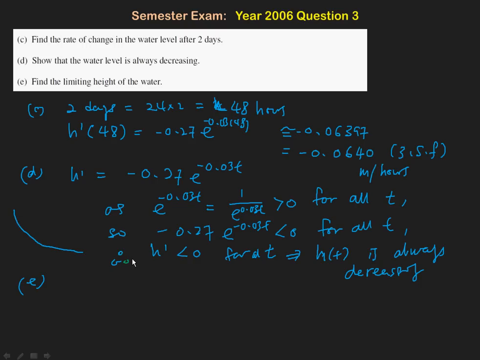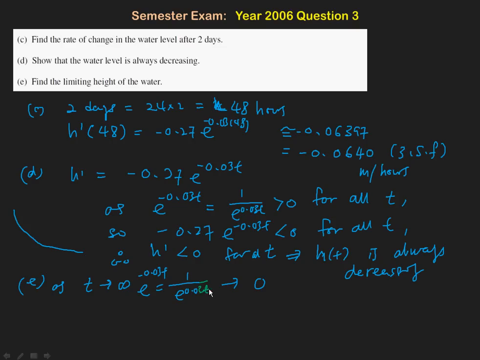And finally, find the limiting height of water. That means what happens to the height of water when time tends to infinity. As time tends to infinity, this e to the power negative 0.003t tends to 0, like 1 divided by a huge value.